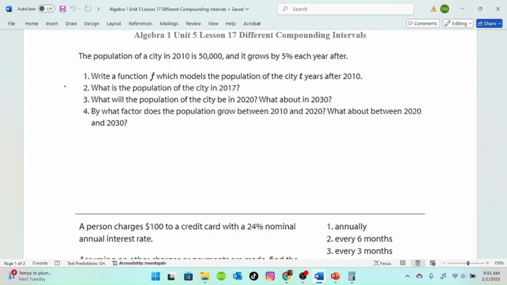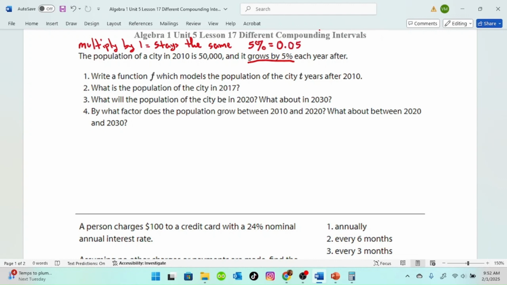So, a couple of things that you need to know ahead of time. If we multiply by 1, then it stays the same. If we want to grow by 5%, then first we need to understand that 5% equals 0.05.